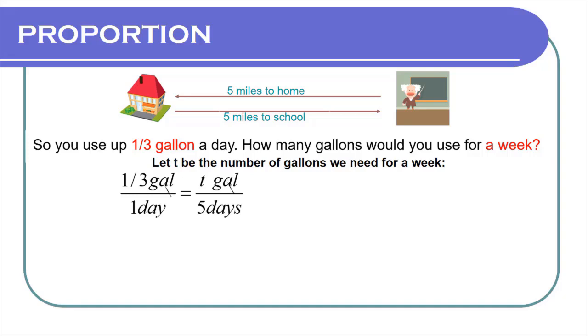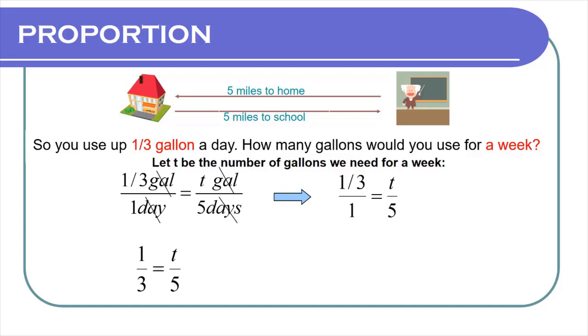And then we directly solve: 1 over 3 over 1 is equal to 1 over 3. So we do the cross multiplication again. We multiply T by 3 and also we multiply 1 by 5.